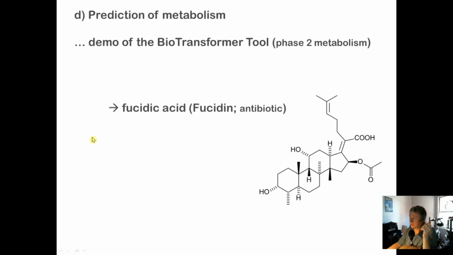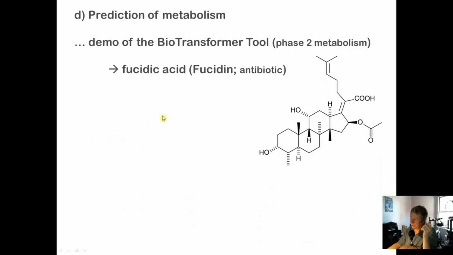Let's try another one. So this is fusidic acid, or fusidin. It's an antibiotic, steroid type derivative. What kind of phase 2 metabolites might you predict, given the sort of nucleophilic nature of some of these atoms? You can imagine maybe something happens to the carboxylic acid.